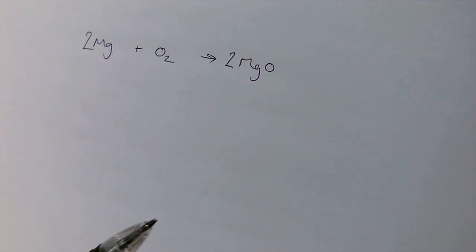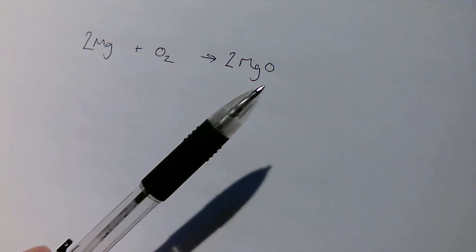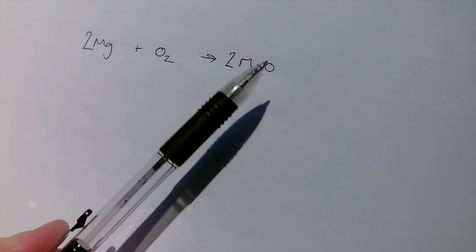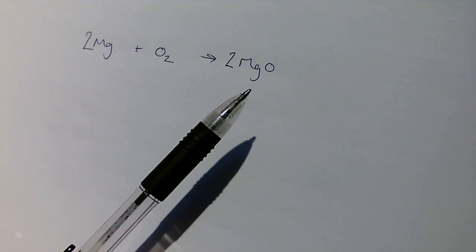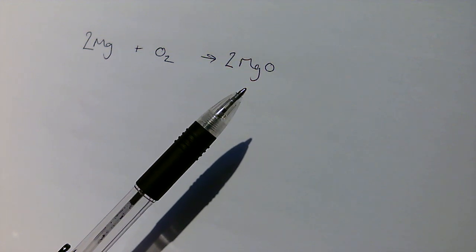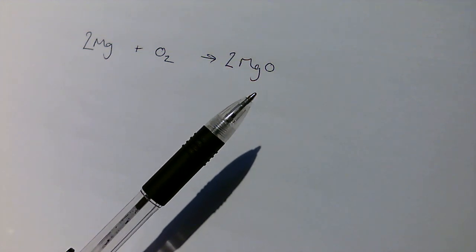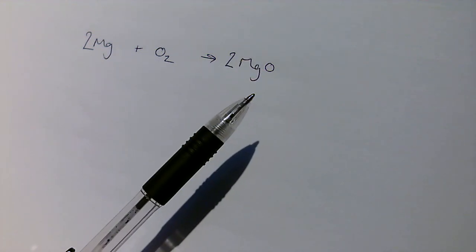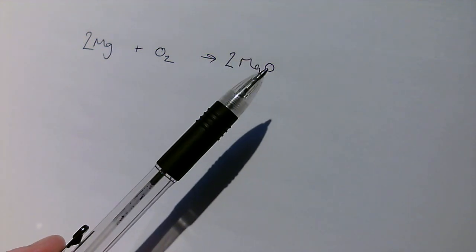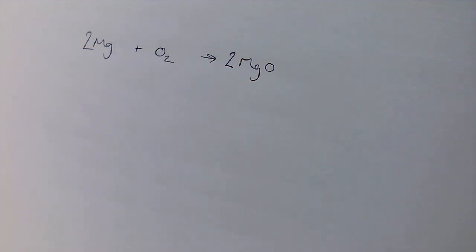And then the magnesium oxide, well, that's a metal and a non-metal, so we think back to our bonding, and when you have a metal bonded with a non-metal, we have ions. So in that compound we've got magnesium ions, Mg2+ ions, and oxide ions, O2- ions.